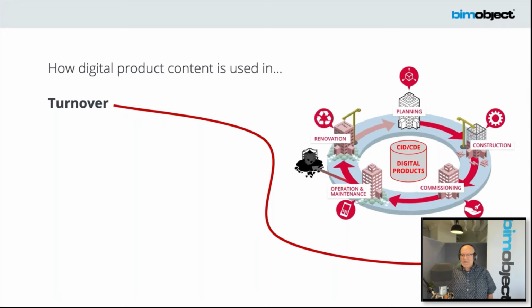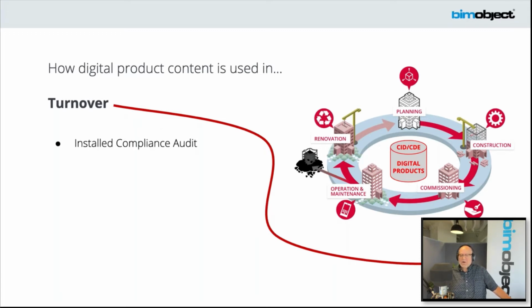Eventually, it does have a brand as it's tendered and brought in, and that model, that data store, the common data environment is embellished with that brand. And now at turnover, we have all of the information already contained within that particular facility.